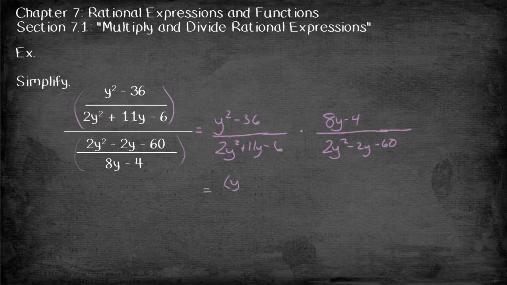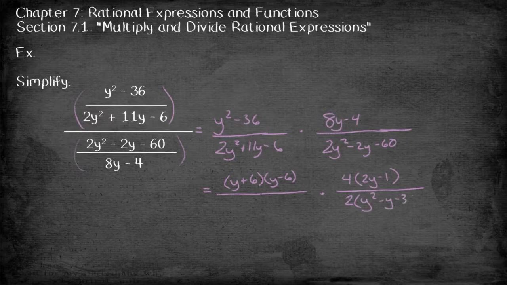On the top left, I have a difference of squares, which is always good. Top right, I have 4 times 2y minus 1. That's a pretty easy one. Bottom right, I have 2 times y squared minus y minus 30, which I can factor further. And 2y squared plus 11y minus 6.